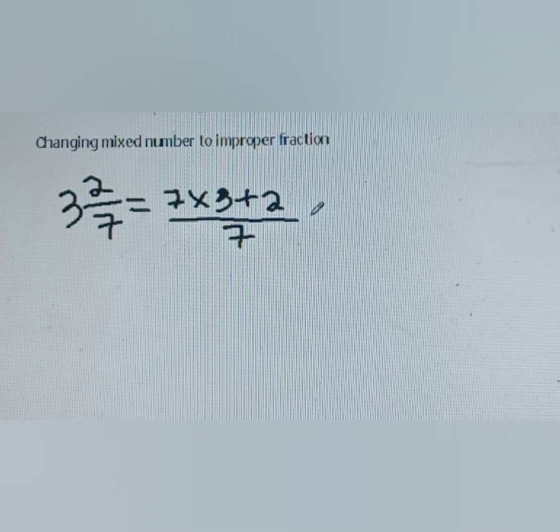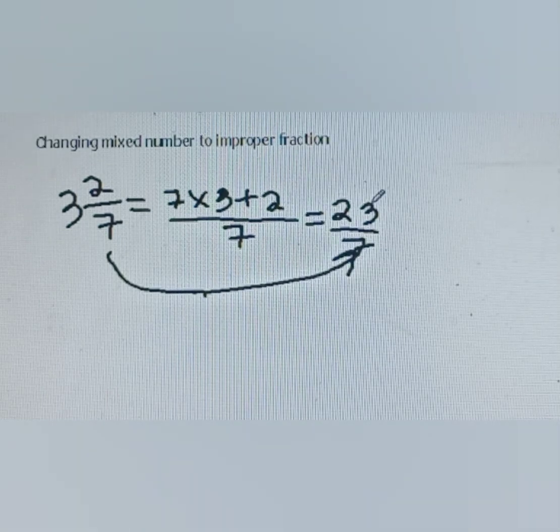There. So let's multiply 7 times 3, that's 21, correct? Then plus 2, 21 plus 2, that's 23. Then just copy the denominator 7. So 3 and 2/7 is just the same as 23 over 7.